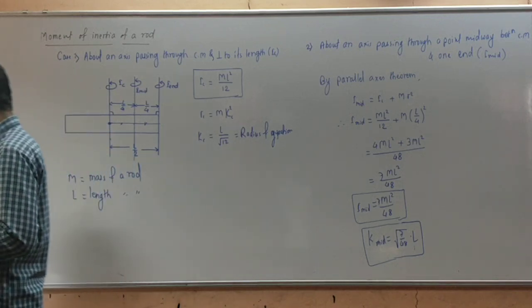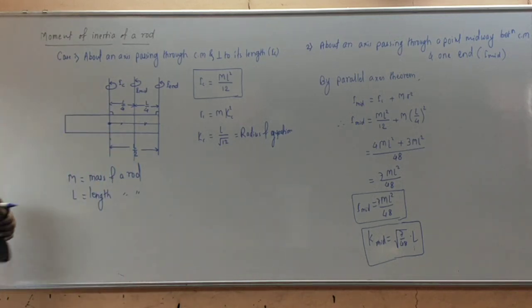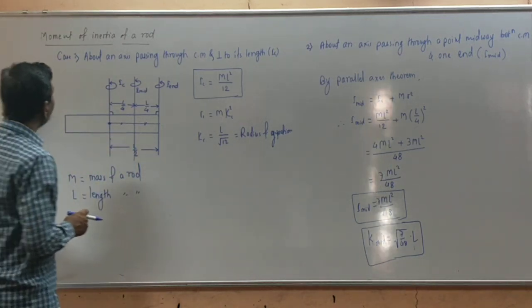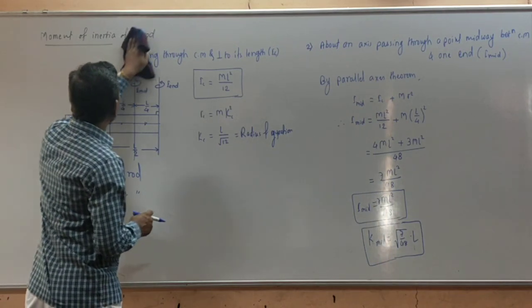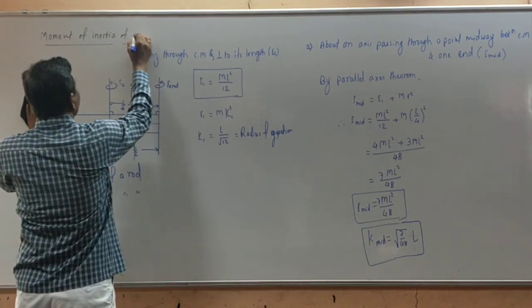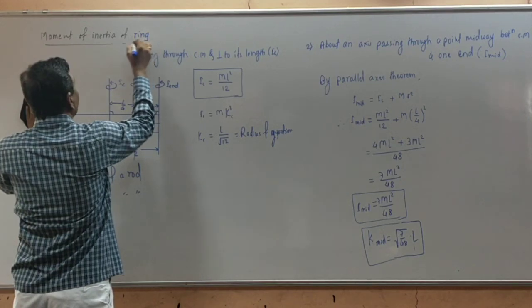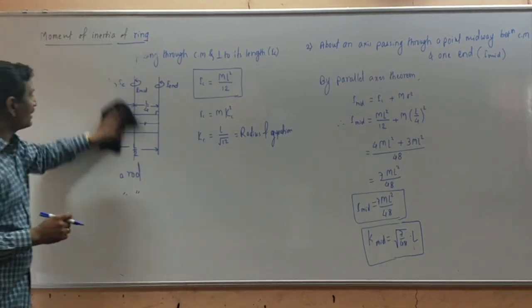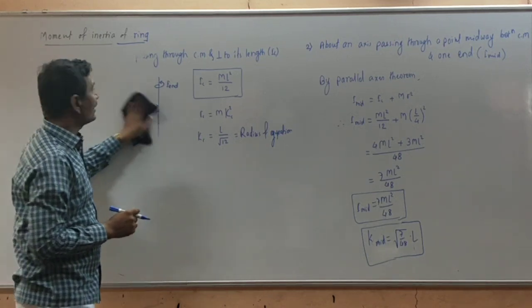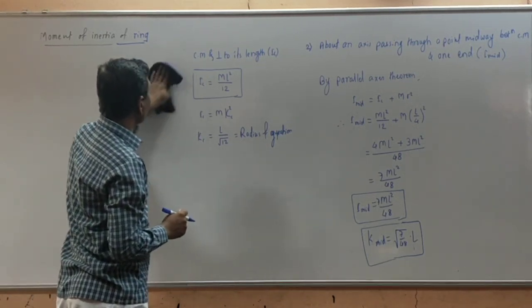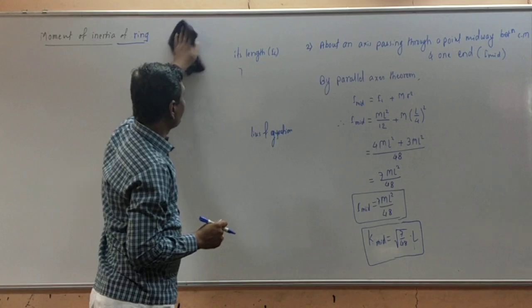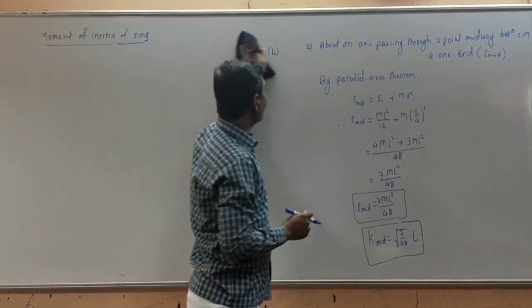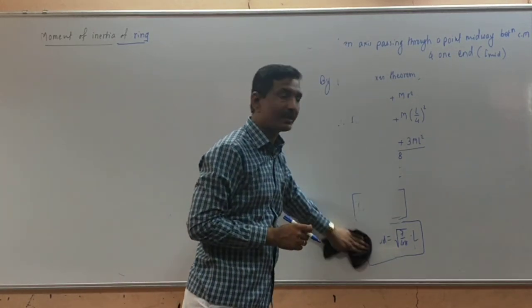Now our next body is the ring. Moment of inertia of a ring. We consider the moment of inertia of a ring about 4 axes. One of the axes is passing through the center and perpendicular to its plane.